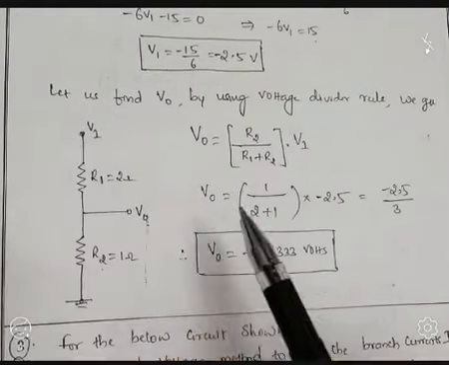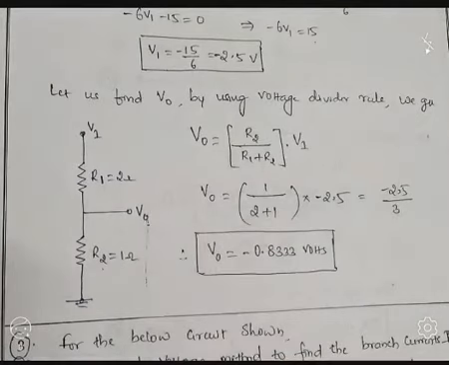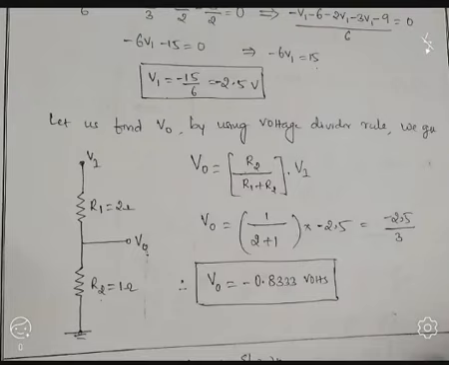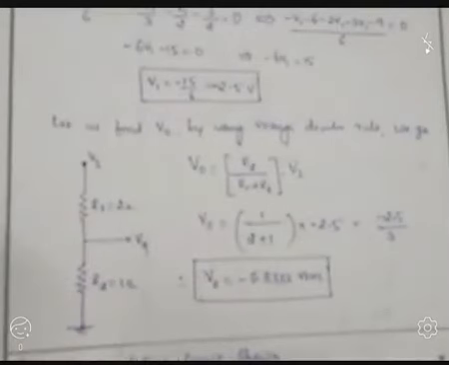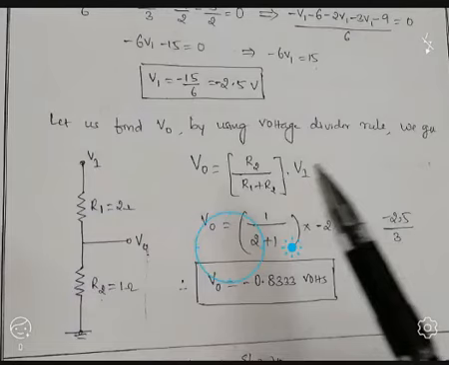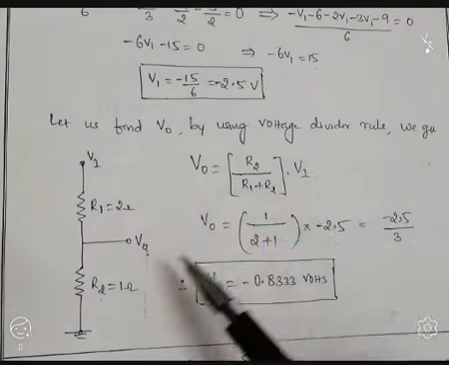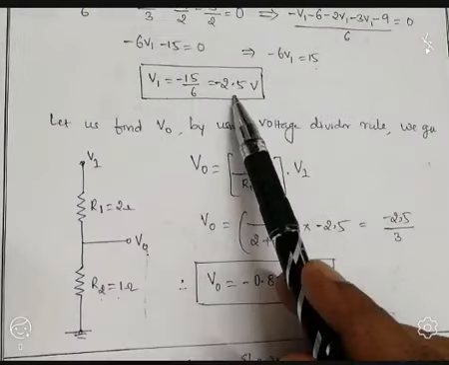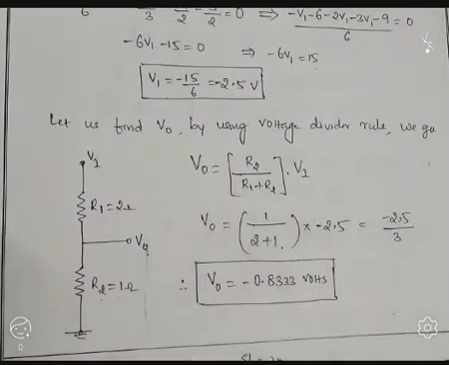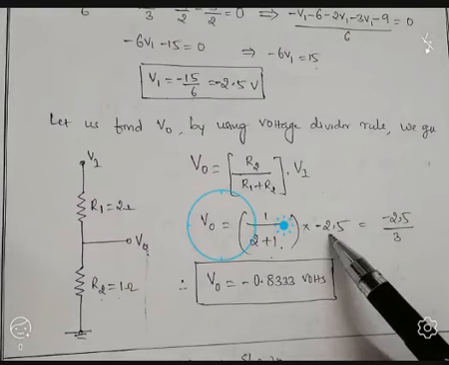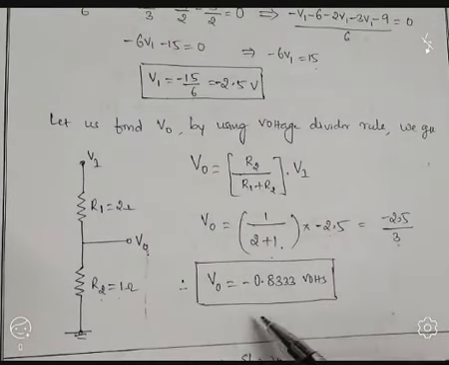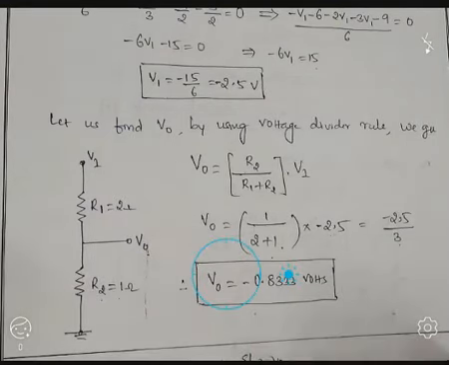Substitute the values. V0 equals R2 is 1 divided by R1 is 2, plus R2 is 1, multiplied by V1. V1 is calculated as minus 2.5. Hence 1 divided by 3 into minus 2.5, minus 2.5 divided by 3. So the answer is V0 equals minus 0.83 volts.